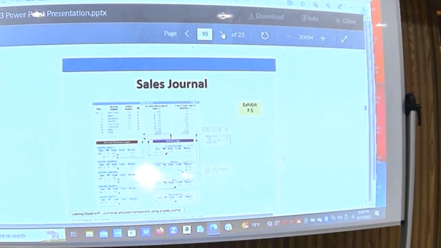He wants to know how a particular customer is paying on his accounts receivable. If it's a customer that is not paying on his receivables, he wants to review the transactions for that particular customer. And the source of that information would be a sales journal.